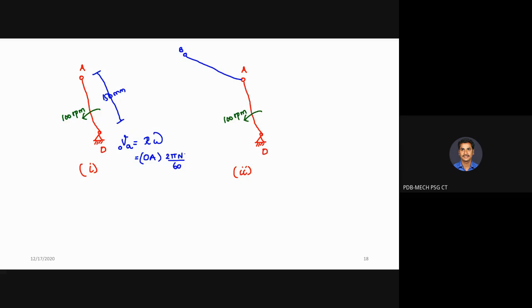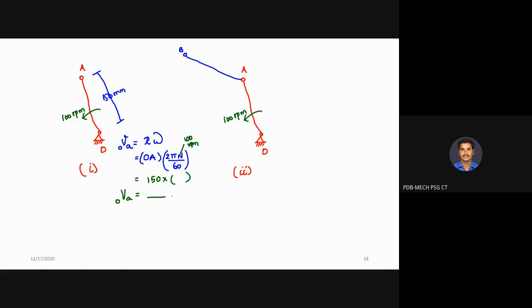To find out the angular velocity of the link, you can use the formula 2 pi N by 60. N is given, that is 100 rpm. OA is nothing but 150 mm, and with this we can find out some value for velocity of A with respect to O.